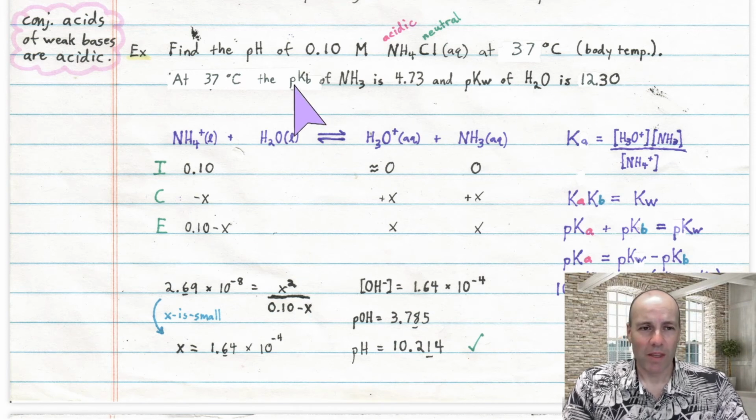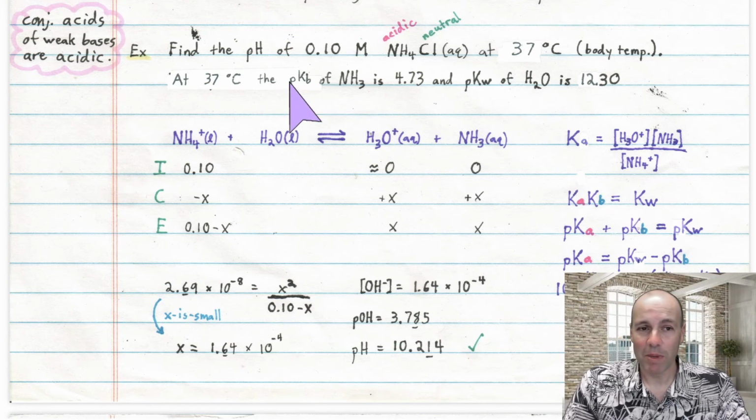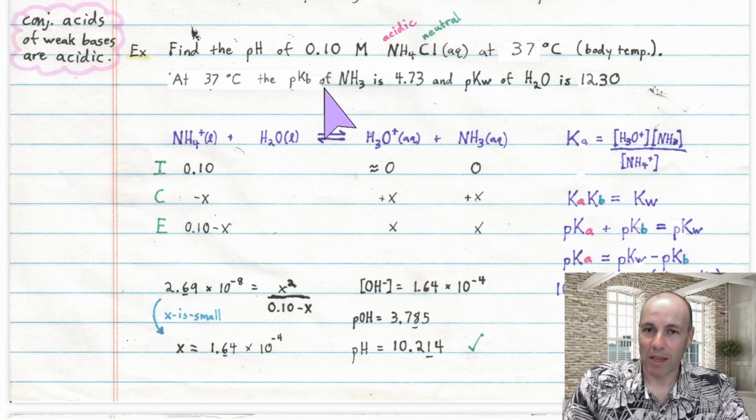So what are these pKbs and pKws? Well, they're just like the pH and the pOH. The pH is the negative log of the H plus concentration, and the pKb is the negative log of the Kb. So you're told the pKb of NH3, so you can figure out what the Kb is.